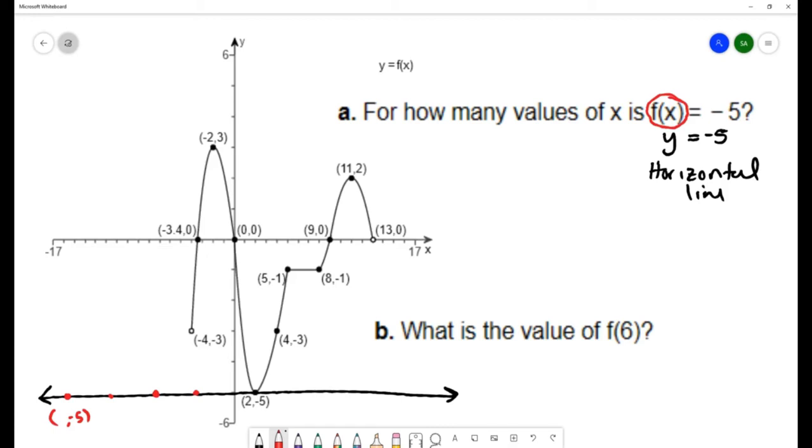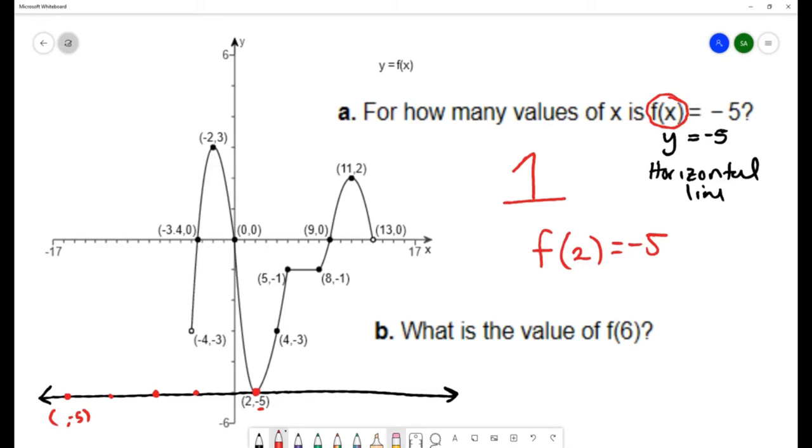And so we only have this one ordered pair that's on the graph that has a y-coordinate of -5. And so we can say there is one x value in which f of that x value is -5. f of 2 equals -5.